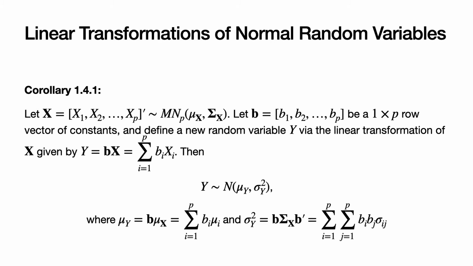Now this is equal to the sum i going from 1 to p of b sub i times x sub i.